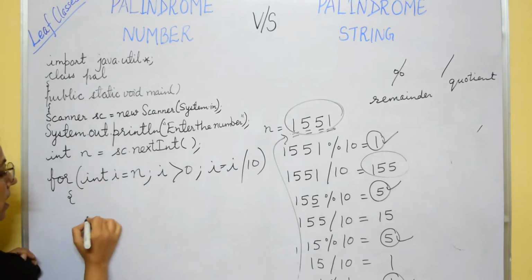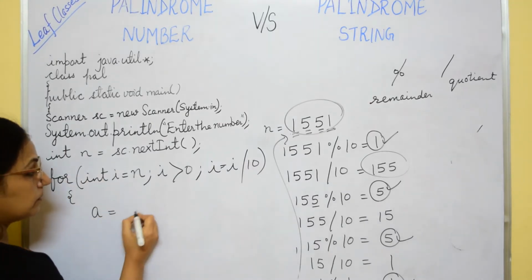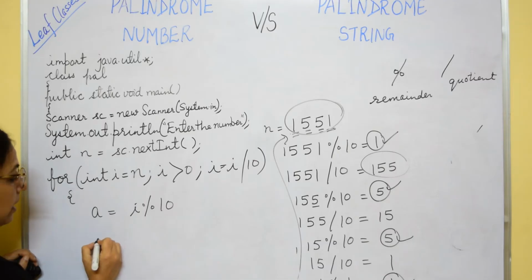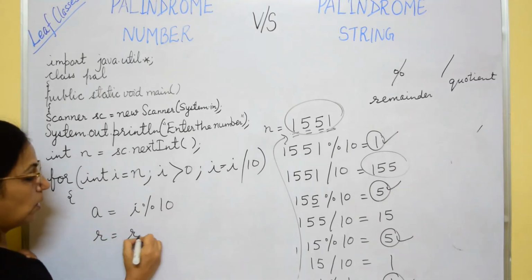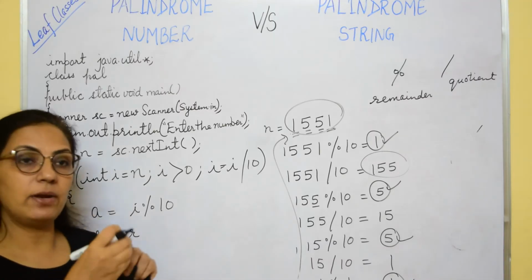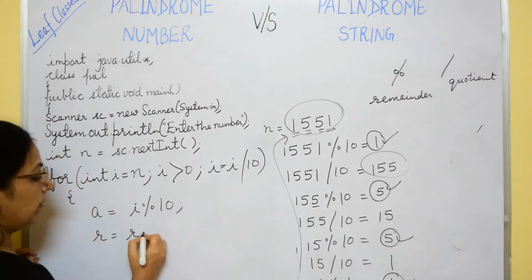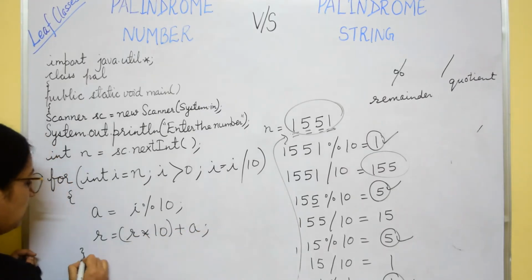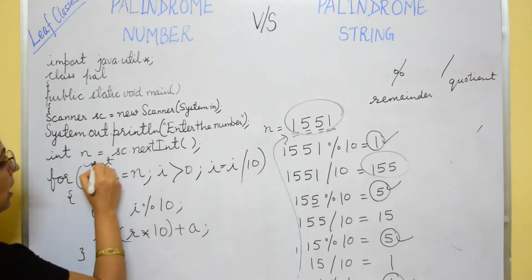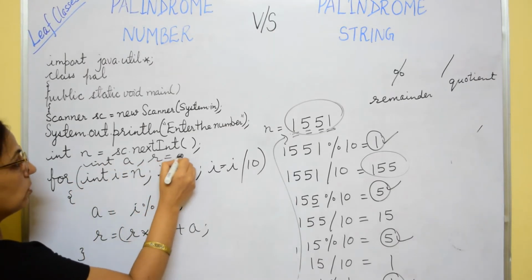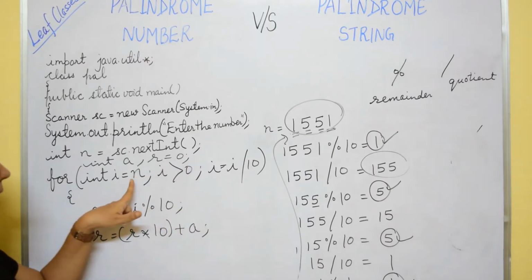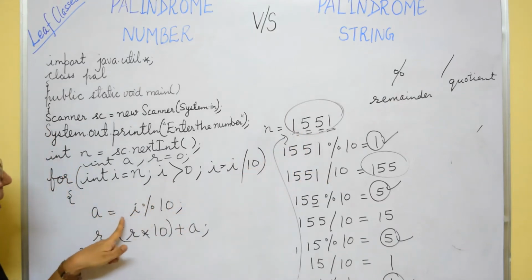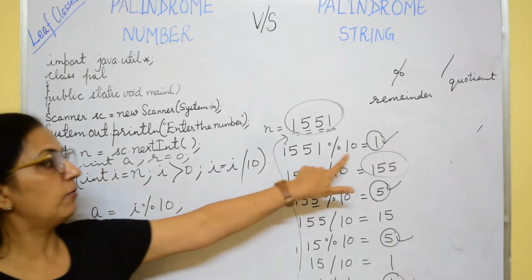Now we will take a equals i mod 10, that is the remainder, and then r equals r into 10 plus a, right? So here I can take int a and r equals 0. When i equals n, let's take this example only, n is 1551, the condition is true, it will come here. i mod 10 will give you 1.